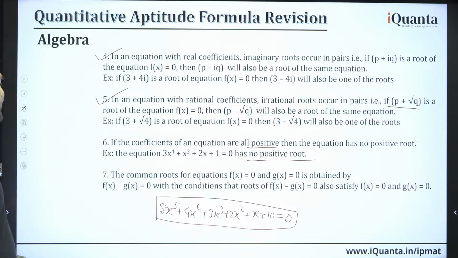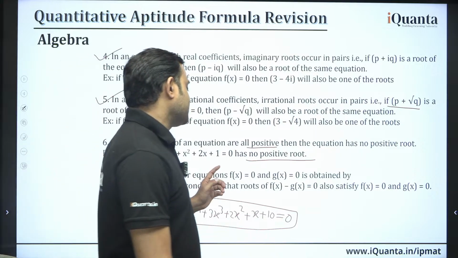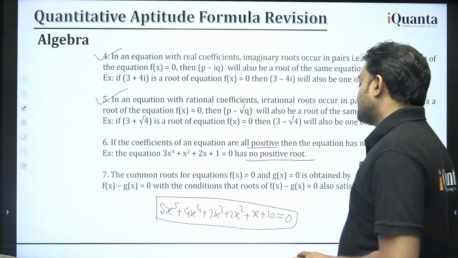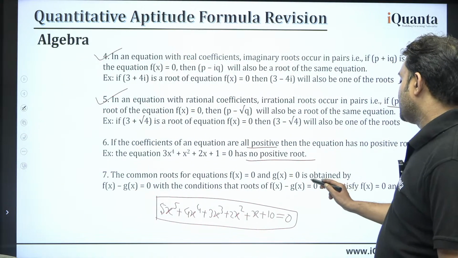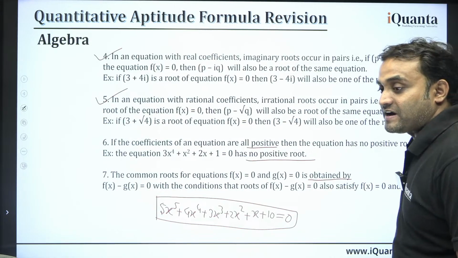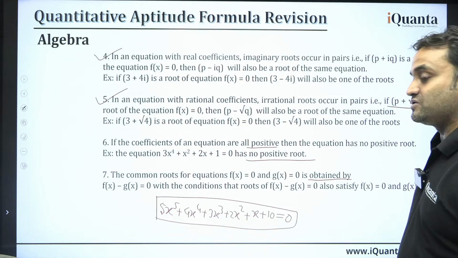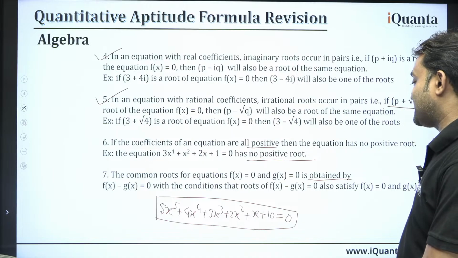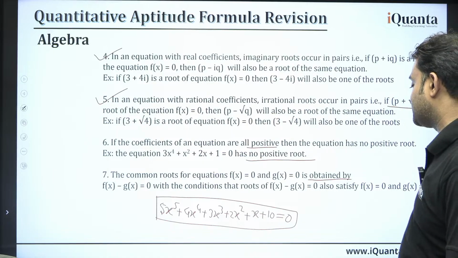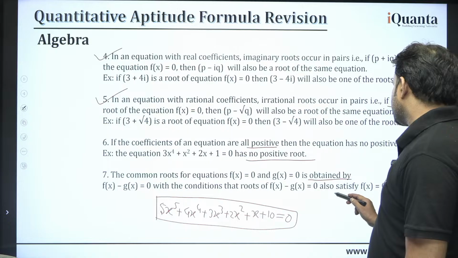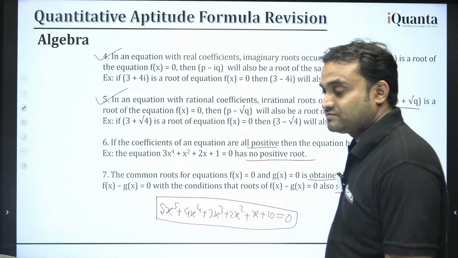Then point 7, it says the common roots for equations fx is equal to 0, gx is equal to 0 is obtained by fx minus gx is equal to 0, with the condition that roots of fx minus gx is equal to 0 also satisfy fx is equal to 0, है ना.